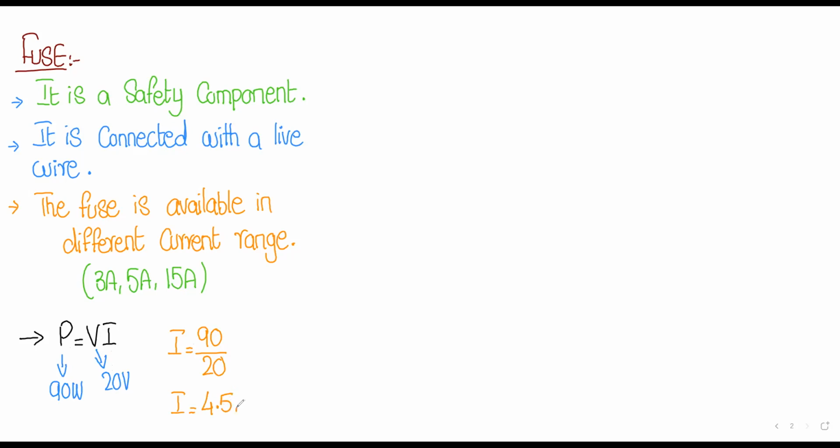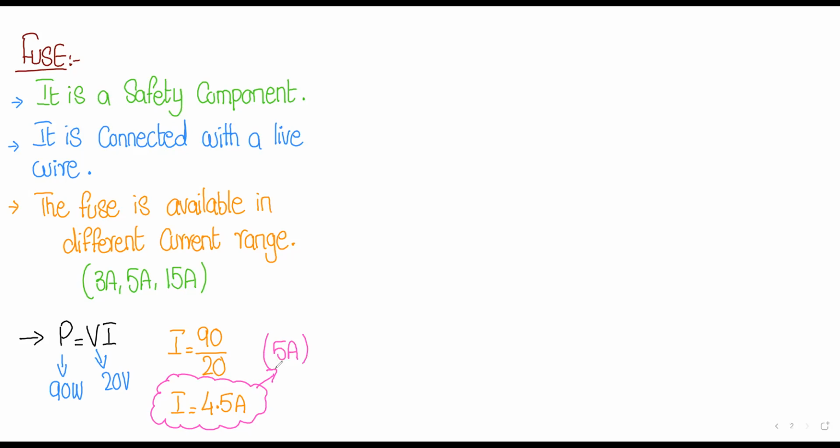So it means that a current of 4.5 ampere should pass through the charger. What is the suitable range of fuse that we need to connect in the charger? 5 ampere. So we need to connect the fuse of 5 ampere because that is the closest value to 4.5, right?